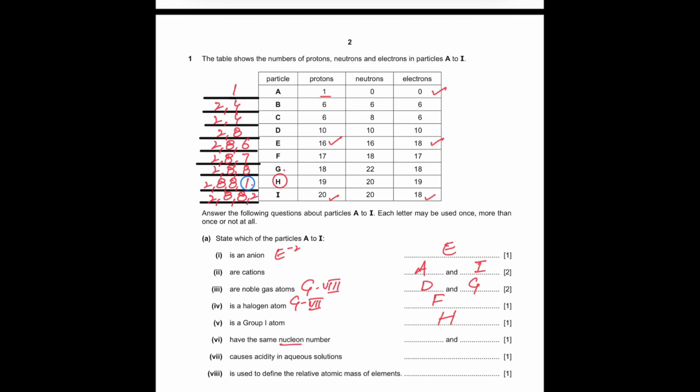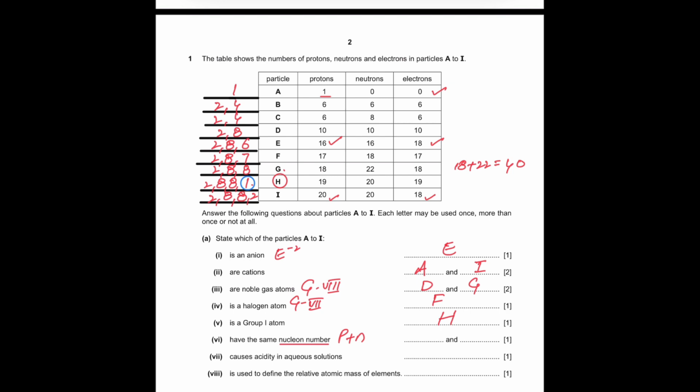Have the same nucleon number. What is a nucleon number? Nucleon number is the sum of the protons and neutrons. So here look at the G. When we add protons and neutrons, 18 plus 22, it will give us 40.